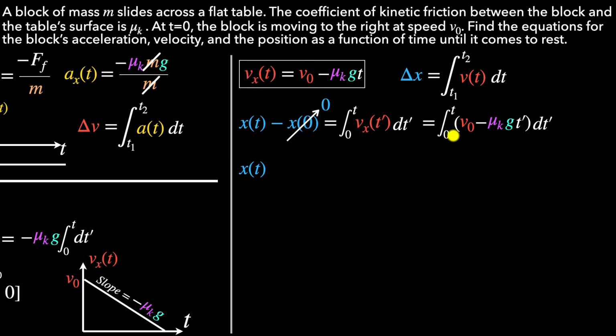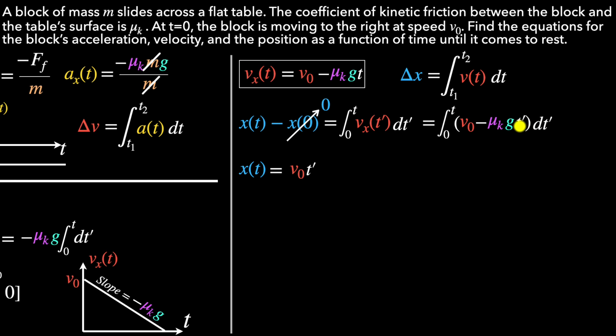But what is the right-hand side? We now have to evaluate this integral. Let's do this step by step. What's the integral of v naught with respect to t prime? Well, v naught is a constant, so we can pull it out. And the integral of 1 with respect to t prime is again t prime. So we'd get v naught t prime to begin with, minus mu k g, which is a constant and can be pulled out. And then we have to integrate t prime dt prime. What's the integral of t prime dt prime?